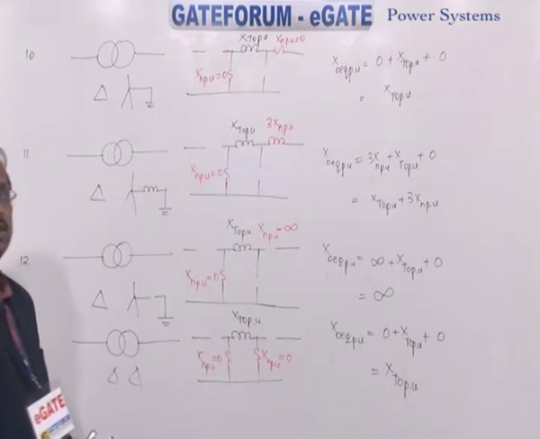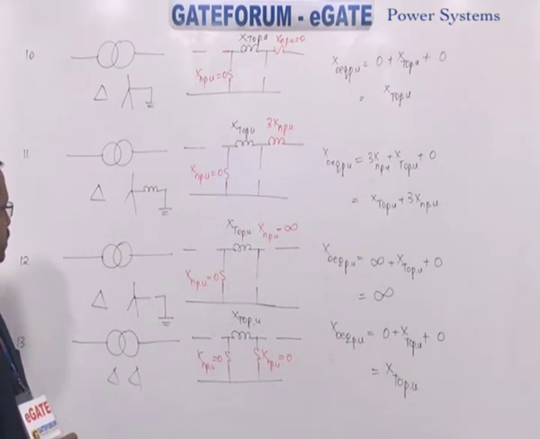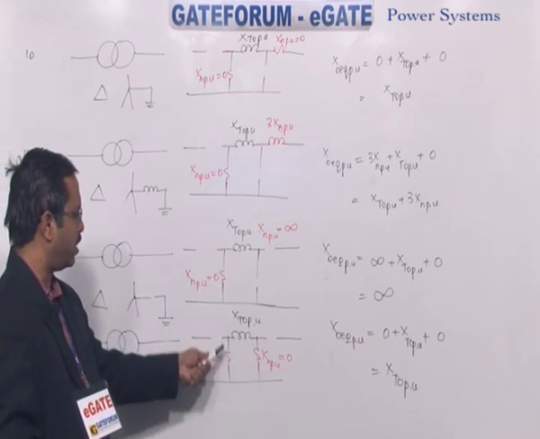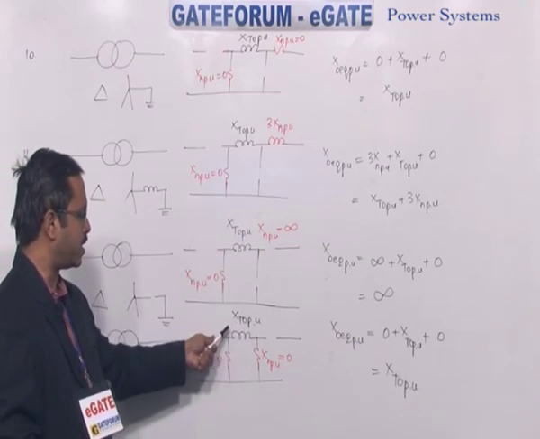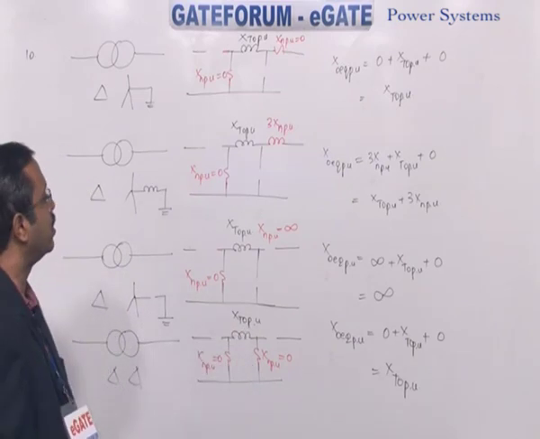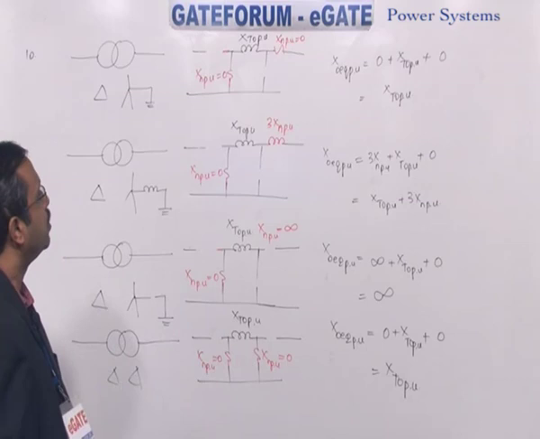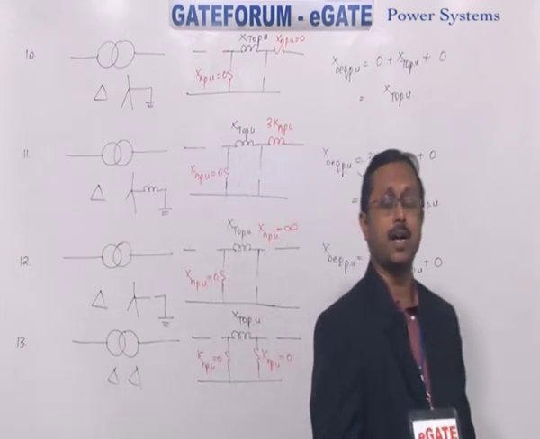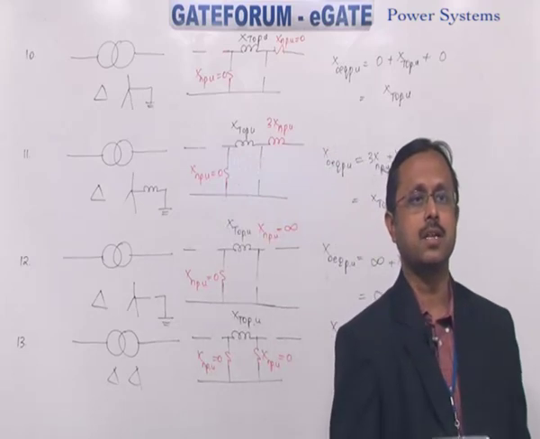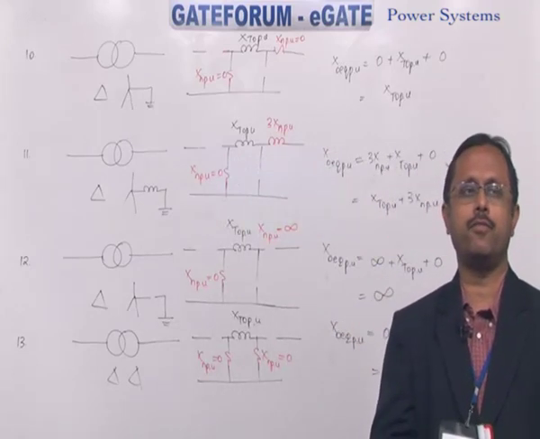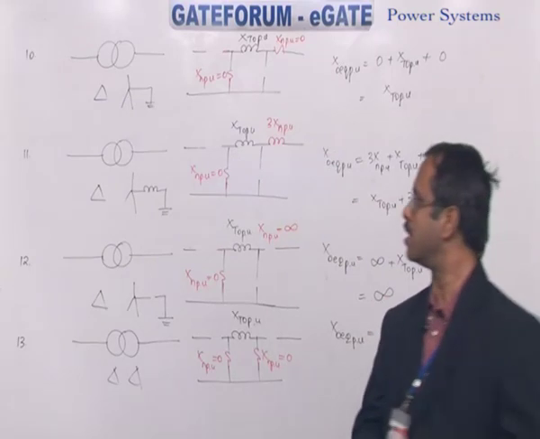XT0 per unit. So this is the path you have to travel to calculate X0 equivalent per unit. So please once again evaluate these last 13 configurations regarding the zero sequence networks of transformers.